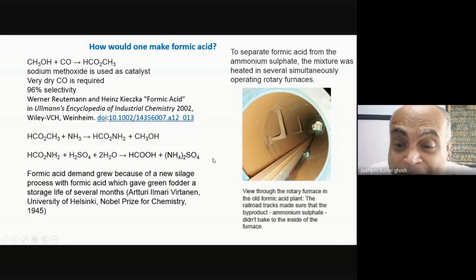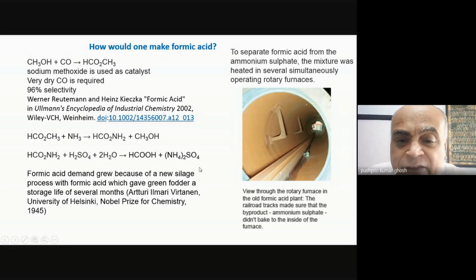And just look at the complication. This whole thing, where you are adding the sulfuric acid, you are getting this, and then you are trying to remove the formic acid, is all done in a rotary furnace. And can you imagine the rotary furnace? There is a train track which goes through this.